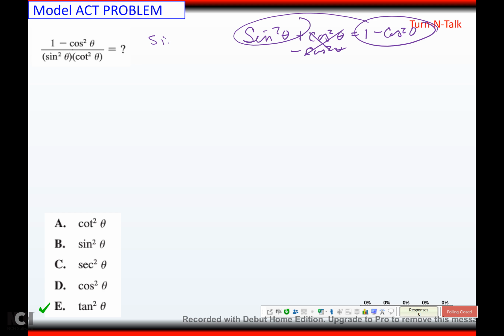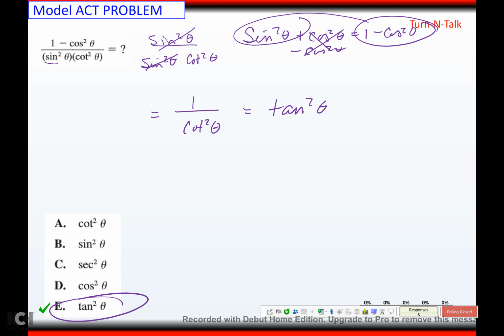So I can rewrite the top as sine squared theta. On bottom, sine squared theta is here times cotangent squared theta. Well, that cancels, so that leaves me 1 over cotangent squared theta. Well, by reciprocal property, that is tan squared theta. And there you go.